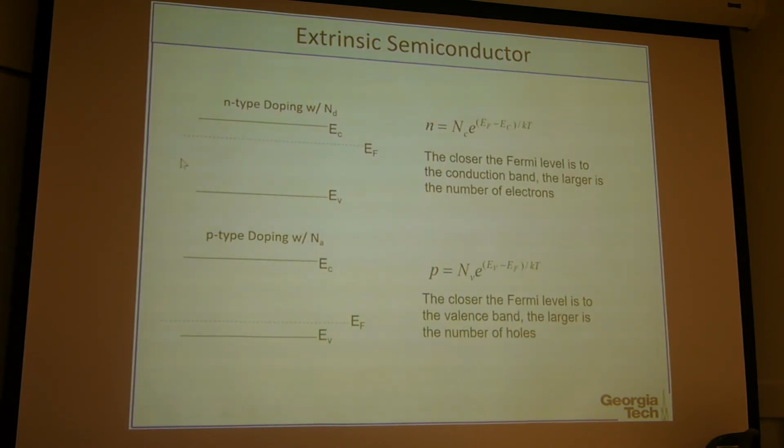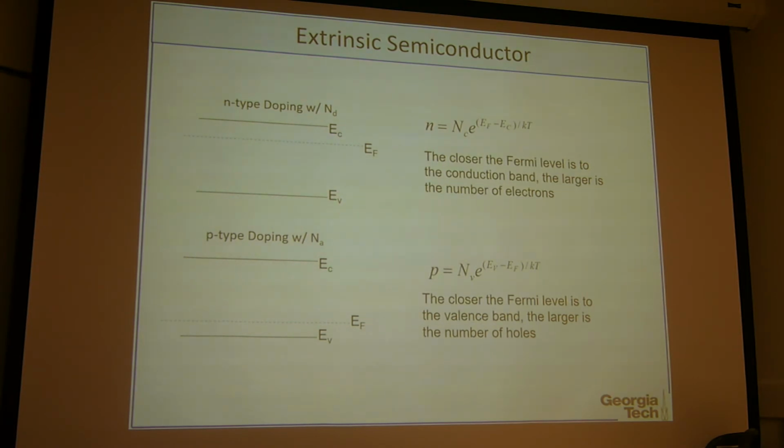Okay, so let's look at the extrinsic semiconductor. That is with doping. With doping, what we are doing here is moving the Fermi level up and down. If we have n-type doping, can you guess if EF is closer to EC or closer to EV? For n-type.